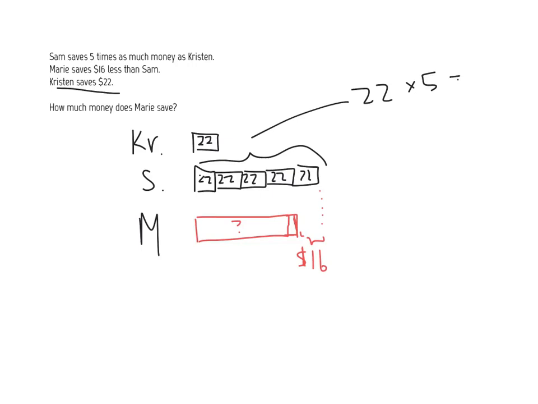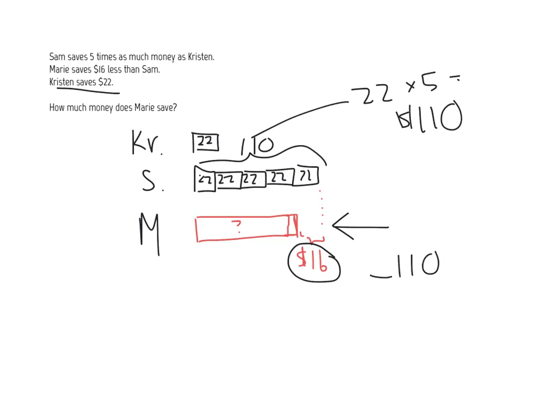So our 22 times 5 is $110. So his bar is $110. And then if we look at the third piece here, okay, we know Marie's amount is $16 less than the 110. So to find the amount for Marie, we would do our 110 minus 16, and we come up with $94 for Marie. So she has $94.